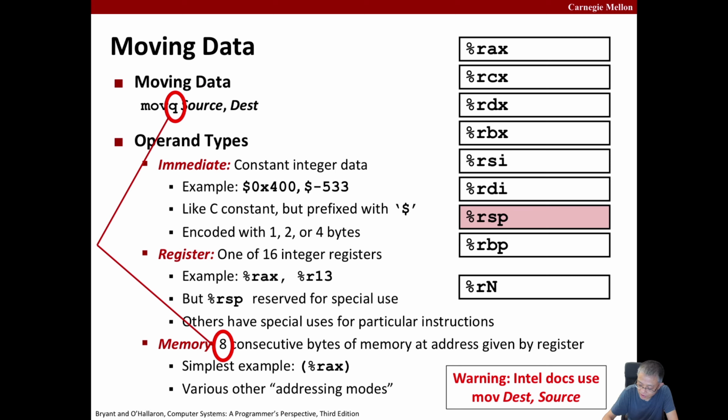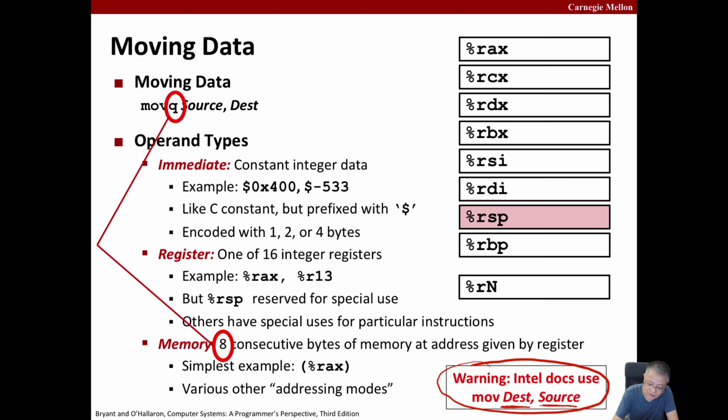There is a very important thing to remember. The Intel document uses this kind of encoding: the destination first, then the source next.